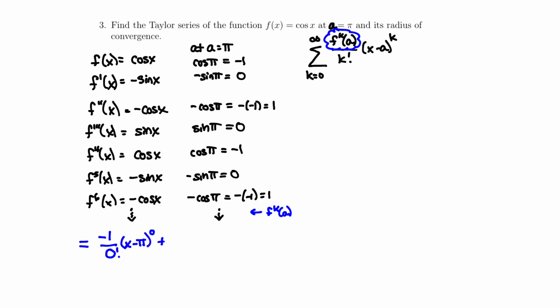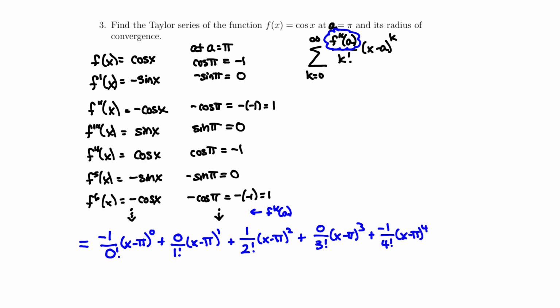And then a 0 on top over 1 factorial, x minus pi to the 1, and then a 1 on top, 2 factorial, x minus pi to the 2, and then a 0 on top, 3 factorial, x minus pi to the 3, and then a -1 on top, 4 factorial, x minus pi to the 4, and then a 0 on top, 5 factorial, x minus pi to the 5, and it goes on.